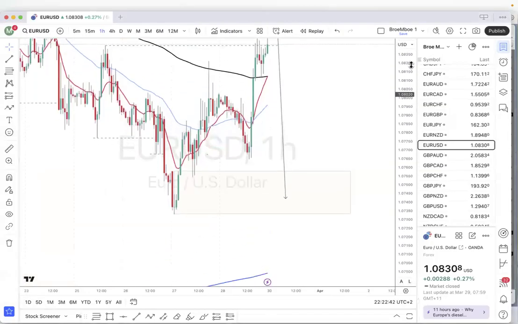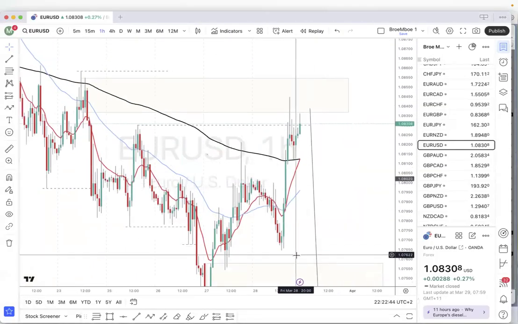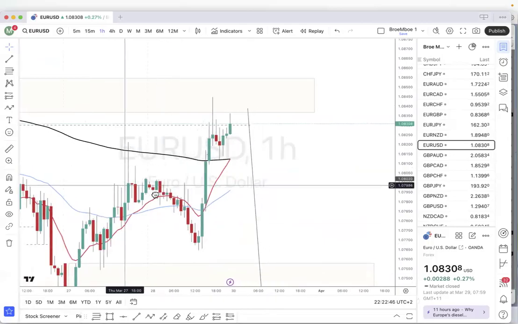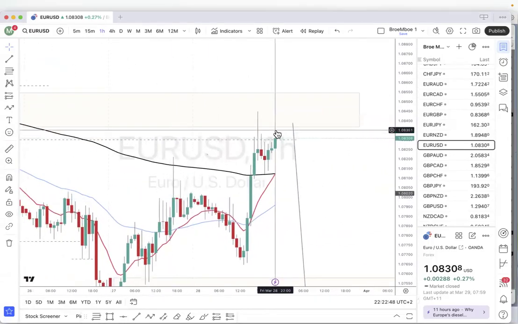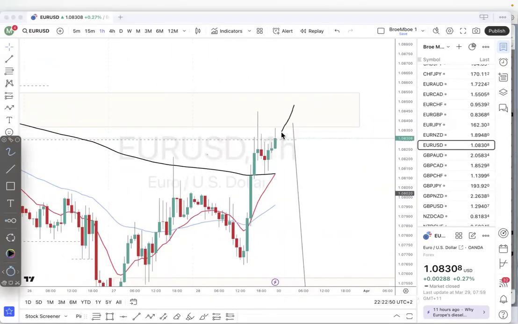Now, if you zoom, you will find that this candle closed outside slightly, like almost slightly outside. There is a reason why the dealer did not close the entire week above there. They are very clever, and they make sure that they close in the right places at the right time for you to get even more confused.